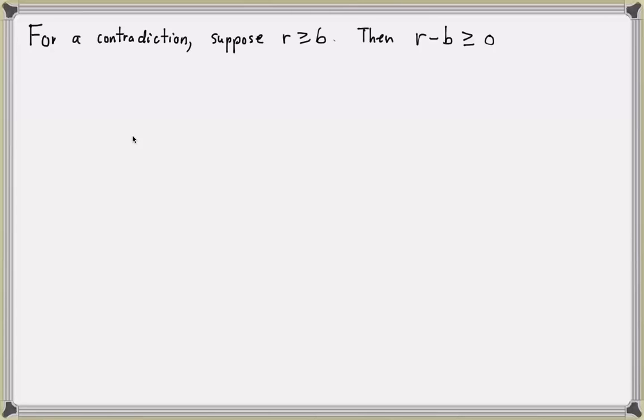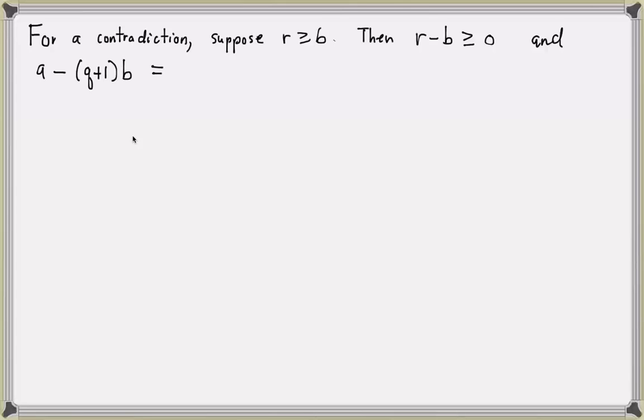So since R minus B is greater than or equal to 0, I can write R minus B as A minus Q plus 1 times B. So just to verify that this equals R minus B, let's multiply this out.